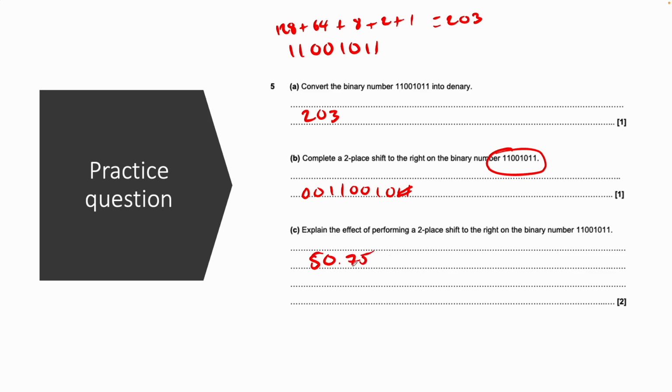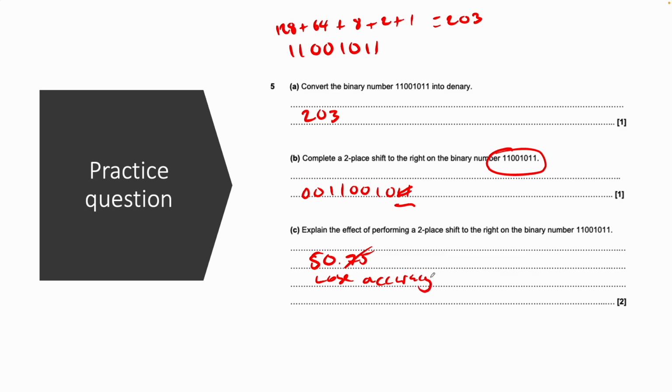Now this 75 gets lost. In fact, some of this might even get lost because we have lost some information. We've lost these 2 bits off the end. So one of the effects is a loss of accuracy. Okay, that is one of the problems that happens here.